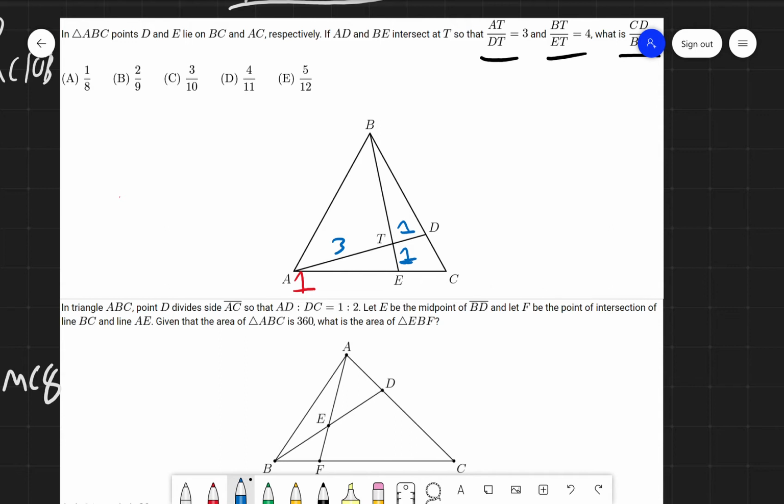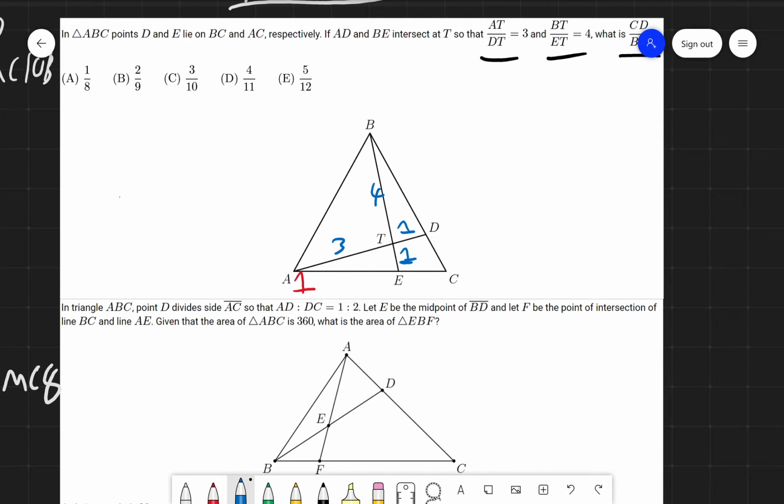If something doesn't add up later on, then you know that you specified too many things. For example, we can't specify AT to be 7 because we know that we have some relation there. Now, because ET is 1, BT is 4.